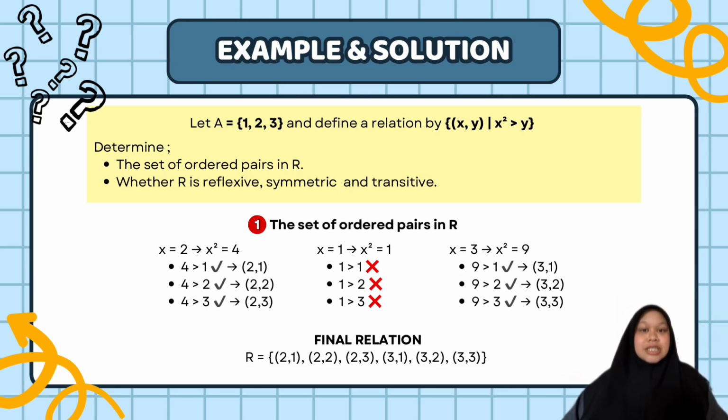Since 4 is greater than 1, 2 and 3, the ordered pairs are (2, 1), (2, 2) and (2, 3). Finally, when x is equal to 3, we get 3 squared is equal to 9. Since 9 is greater than all elements in the set, we obtain (3, 1), (3, 2) and (3, 3). Therefore, the final relation is the set of ordered pairs shown on this slide.